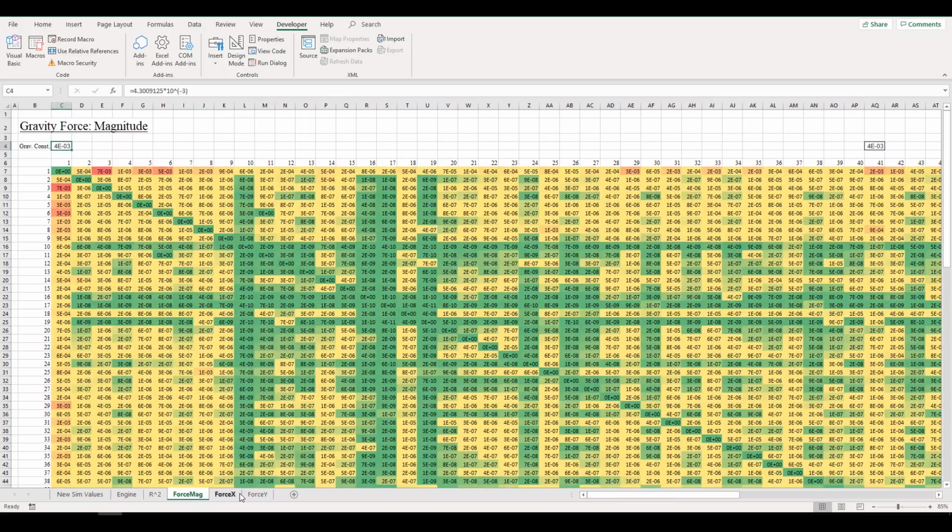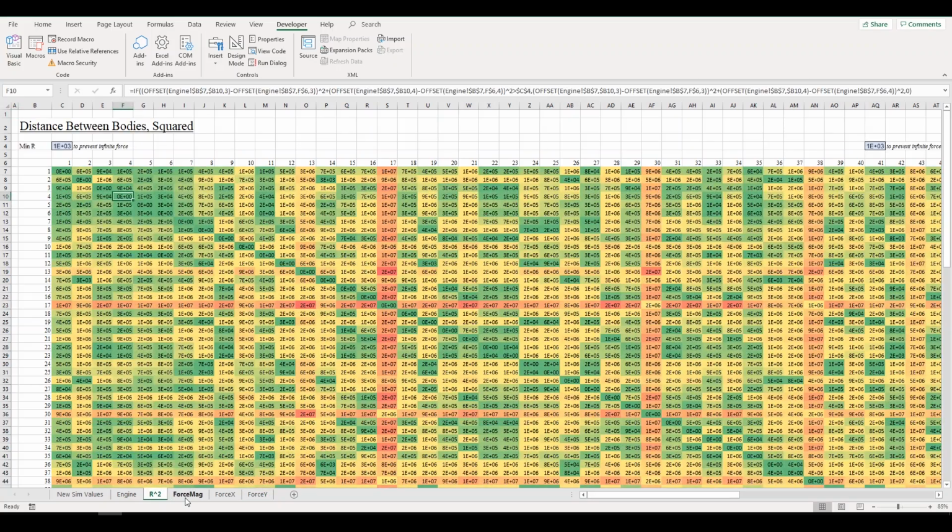And all these are, it's just from that Wikipedia article, those calculations broken out into big tables, because let's remember, every single object is going to have some force being applied to it from every other object.